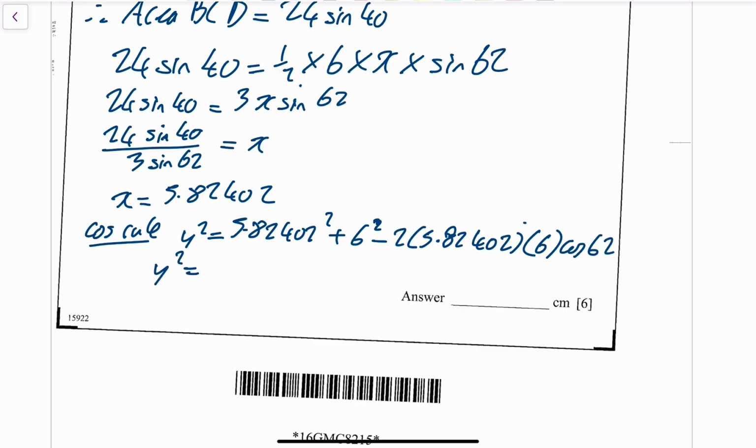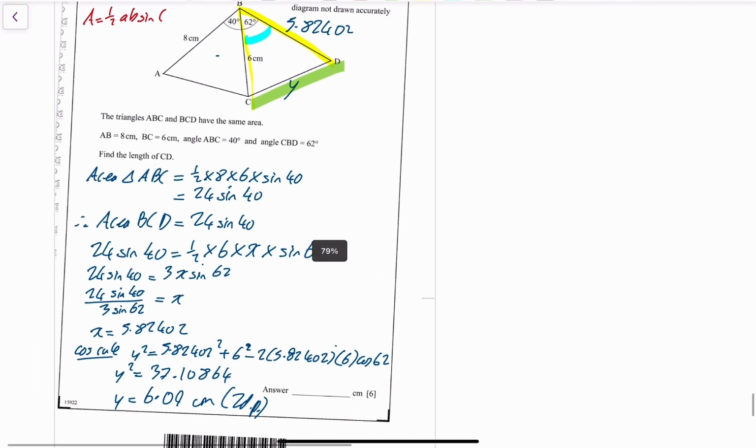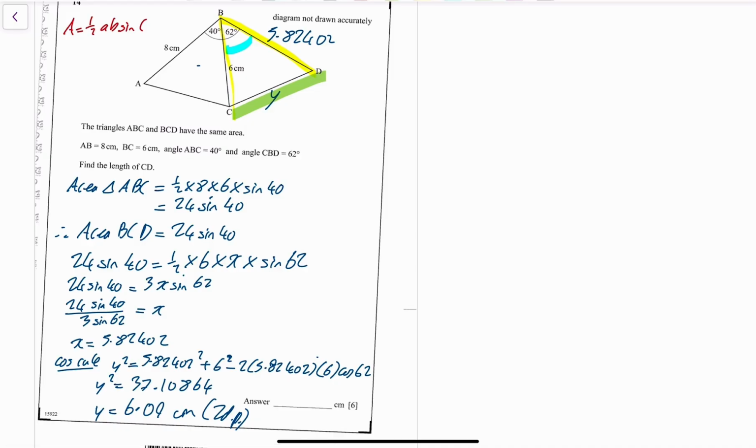When I did that, I got y squared to be 37.10864. Square root, I got y to be 6.09 centimetres, to 2 decimal places. So you can see there, that's what I was doing. You can just about see on the screen there, and that is it. And folks, that is the end of the exam. Done.